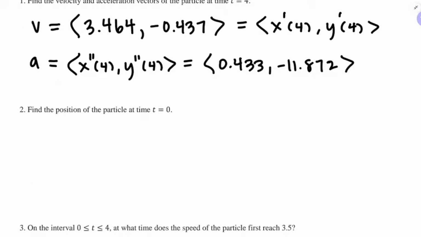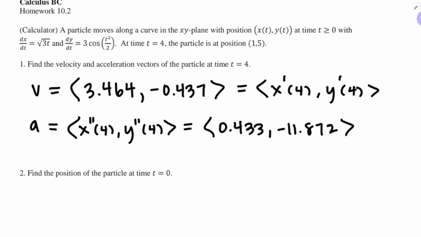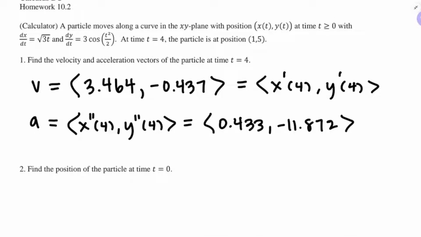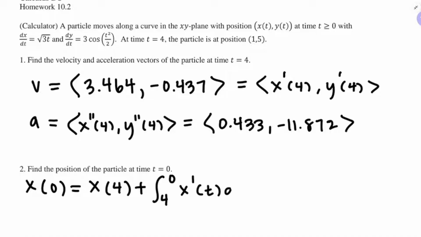Okay, now we're going to do the position of the particle at time t equals 0. So we're just going to do that one component at a time. If we want to know the x component at time 0, and we know the x component at time 4, and the derivative of x, we can use the formula x(0) equals x(4) plus the integral from 4 back to 0 of the derivative of x. And so we're going to go back to the calculator. x(4) is 1, so we see that right up there.